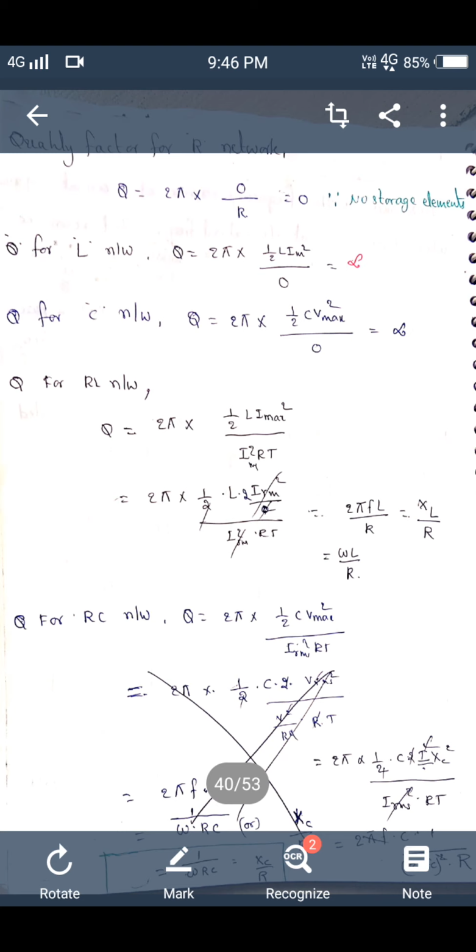If you simplify all numerator and denominator terms, you get the expression for quality factor for a series RL network as omega L by R.